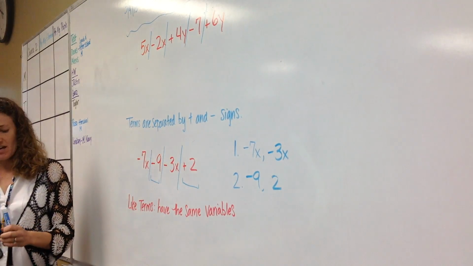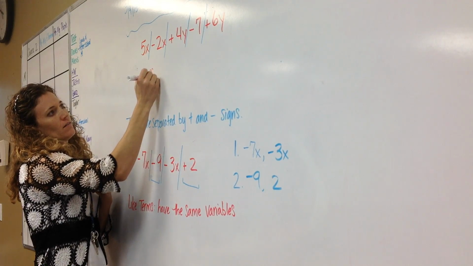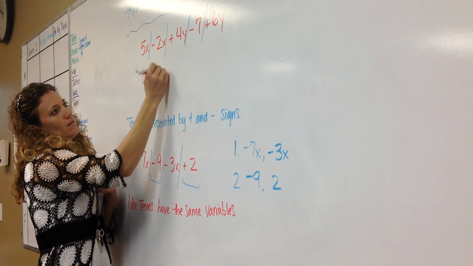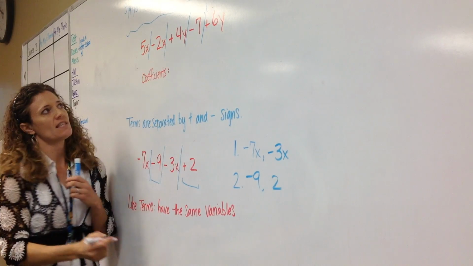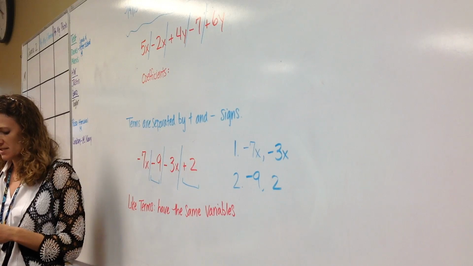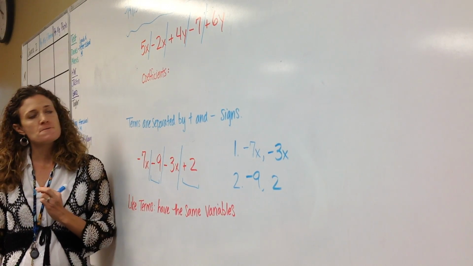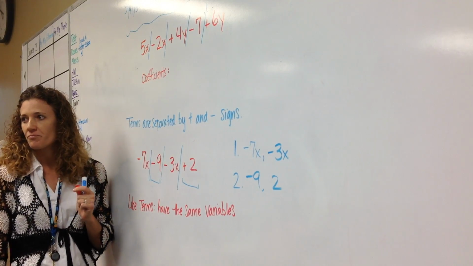Next thing we need to define are what are my coefficients. Okay, remember coefficients are those things that come before a variable. So what are all of my coefficients? Rachel, can you tell me what my coefficients are?